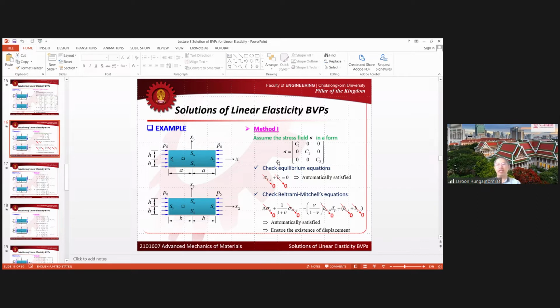You know what I mean, right? So the technique that I mentioned in this class is only for simple problems. Okay, very simple problems. For example, the geometry has to be very simple. Loading condition, material properties, those data have to be simple.